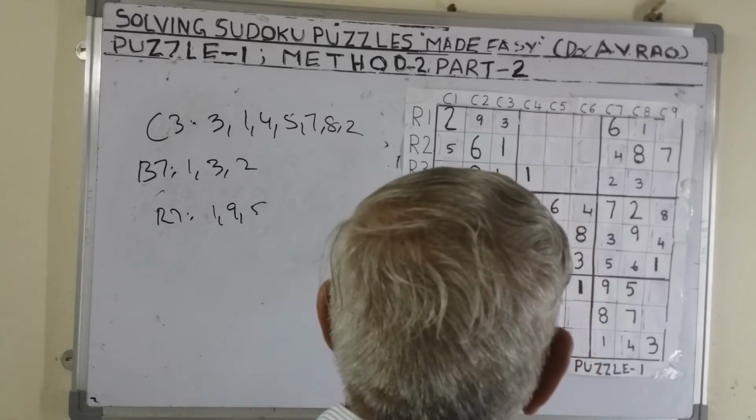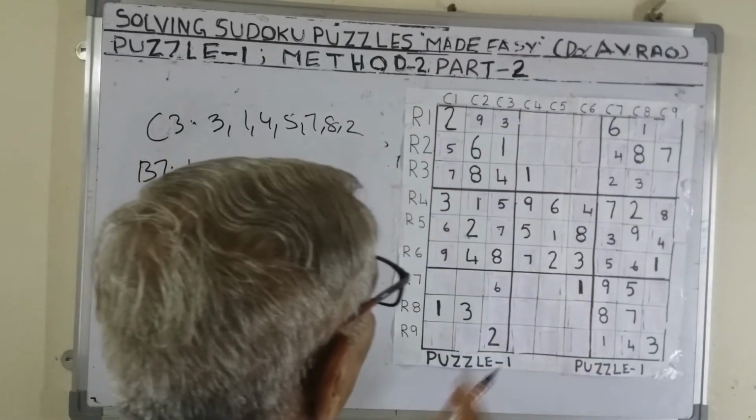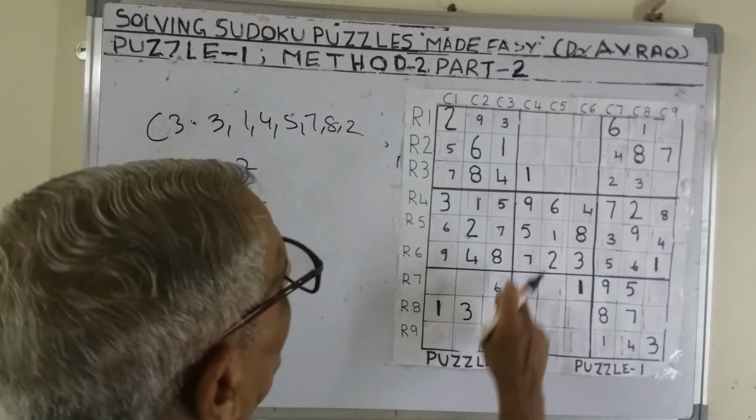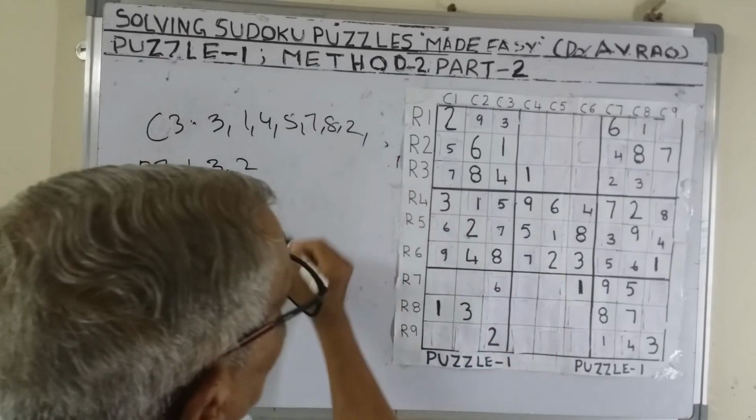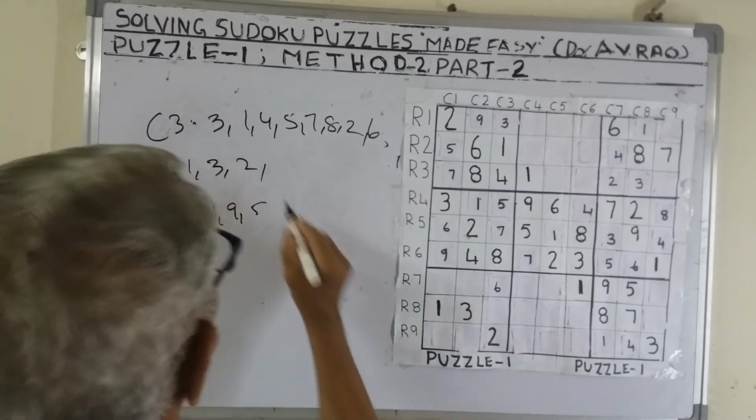See, column C3 is almost completed. Only one cell is left over. So another number is added in C3, that is 6. In the box also 6 has been added.